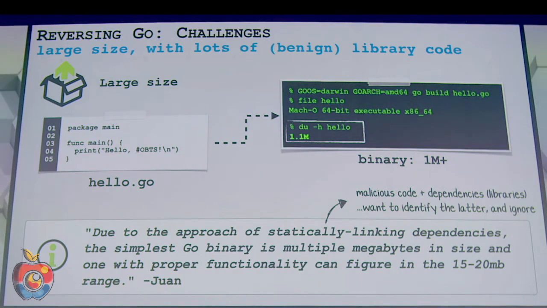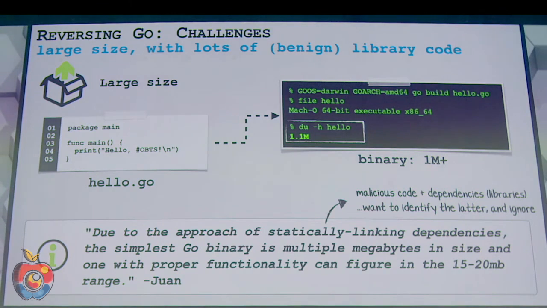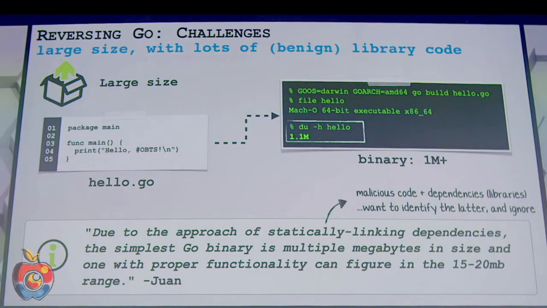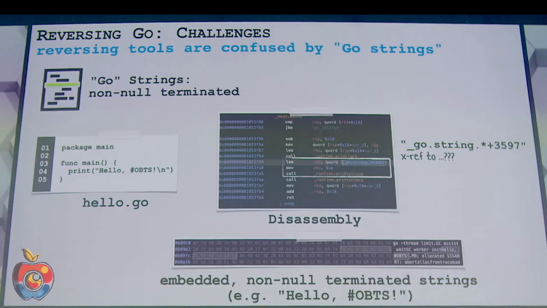They're often open source and don't do anything malicious, but instead find the malicious code that we want to focus in on. And we can see how the size is impacted by creating a simple hello world Go binary. If we compile that, we can see it's over 1 meg, which is huge for a simple program that prints out one line. But again, this is because of all the static Go libraries that get compiled in.